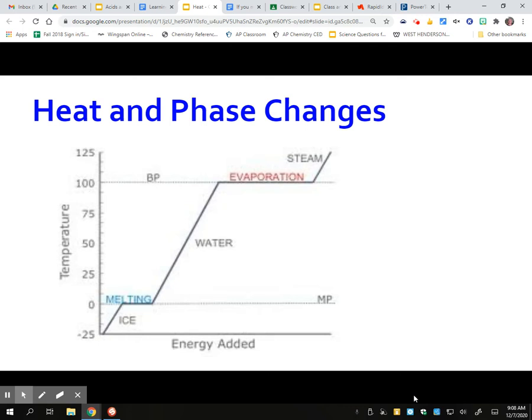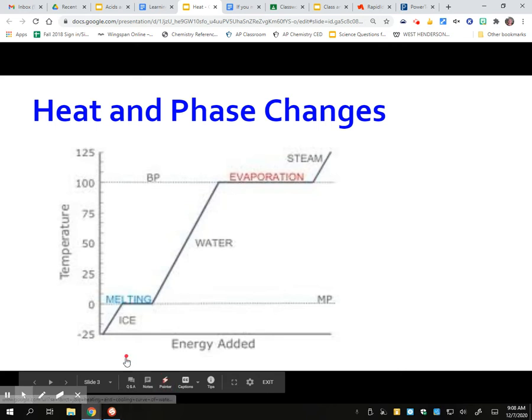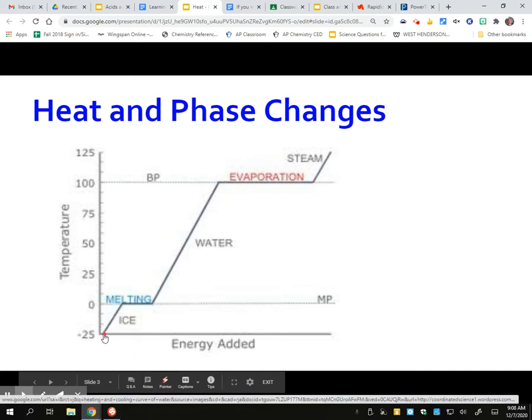Okay, so this is a little bit of review talking about heat and phase changes. We've looked at these heating and cooling curves so that we could determine, when we talked about states of matter, when a substance had its melting point and boiling point.